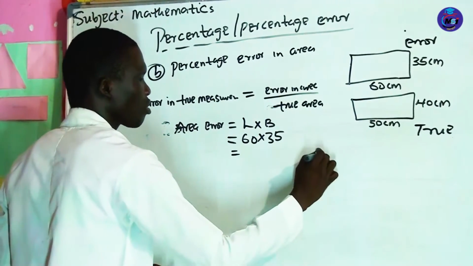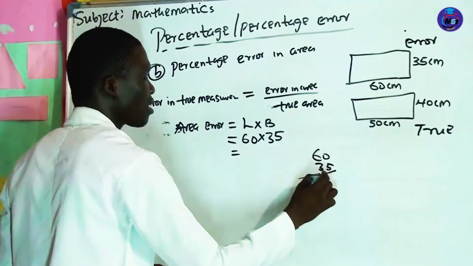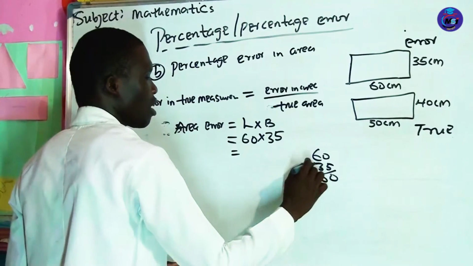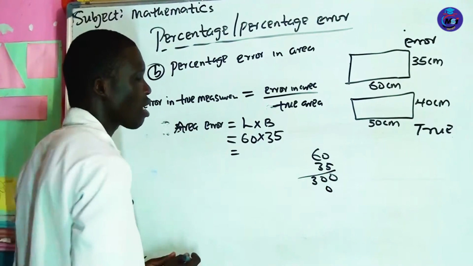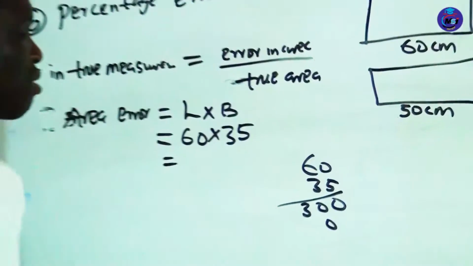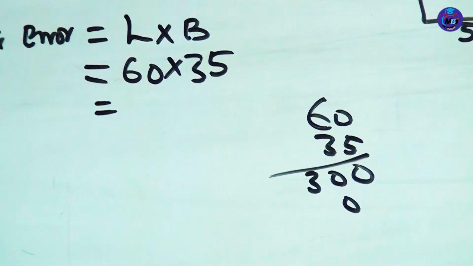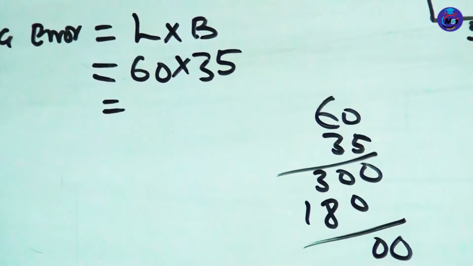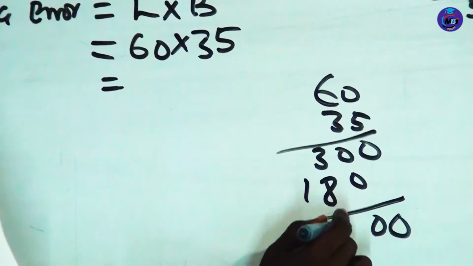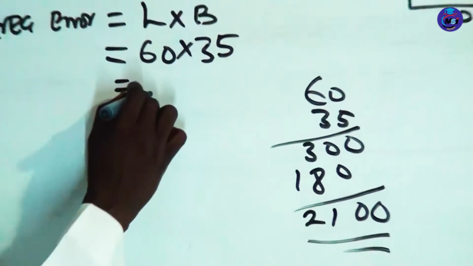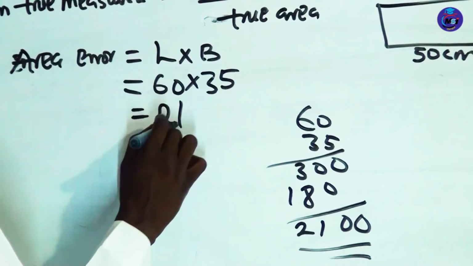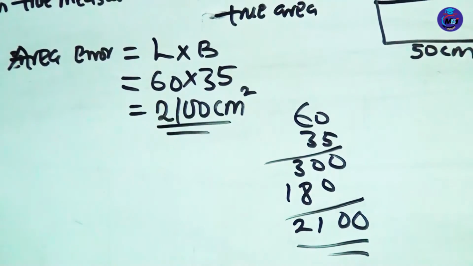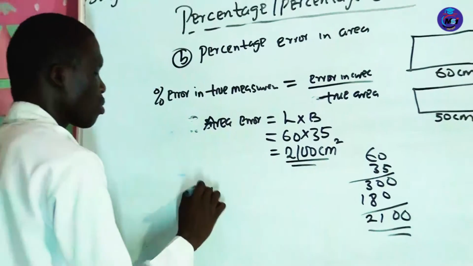So let's do it together. 35. 5 times 0 is 0. 5 times 6, 30. We have 30. 3 times 0 is 0. 3 times 6, we are going to have 18, right? 1, 8. 0 is 0. 3 plus 8, we are going to have 11. 1, 2. So this will give us 2,100 centimeter square.